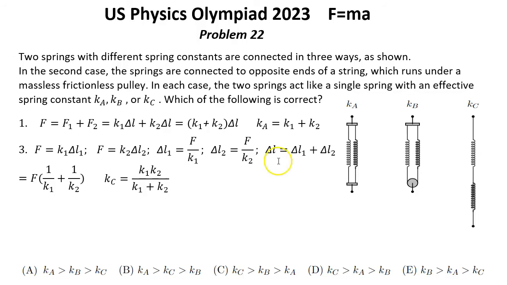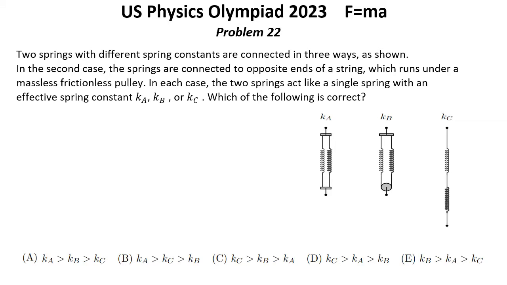We sum them to find the total delta L, and then delta L equals F multiplied by 1 over K1 plus 1 over K2. It means that Kc equals K1 K2 over K1 plus K2.